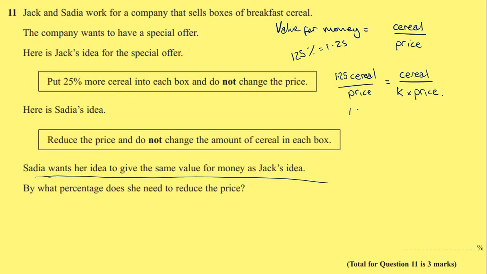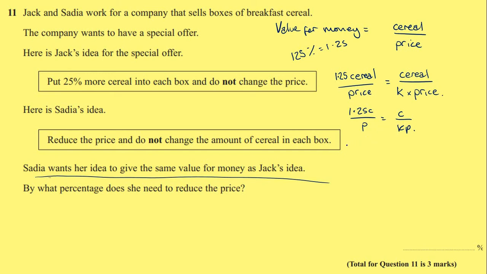Now, I'm going to write that a little bit nicer, so I'm going to call it 1.25 C over P is equal to C over KP. Now, I'm going to divide both sides by C over P. I'm going to cancel off the C's and the P's. If you want to take a little bit longer over that, you can.